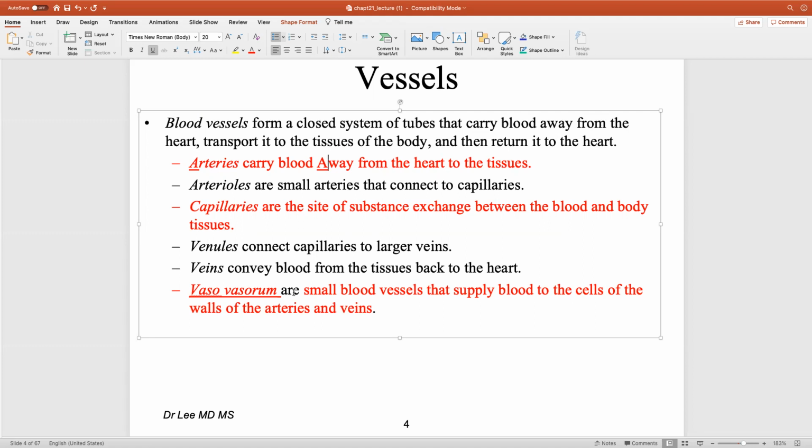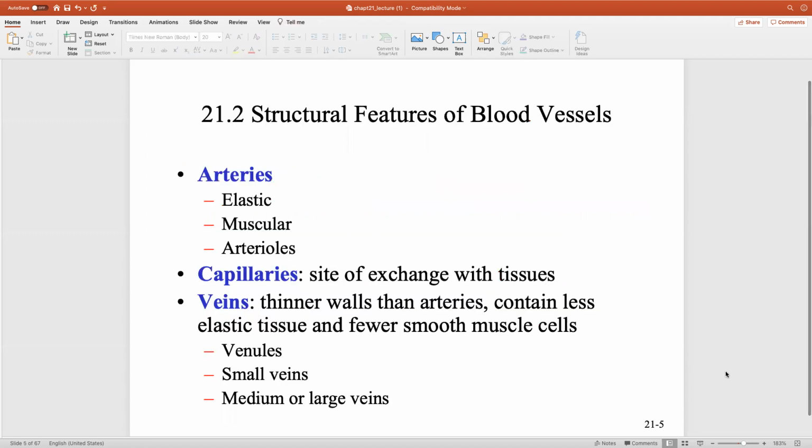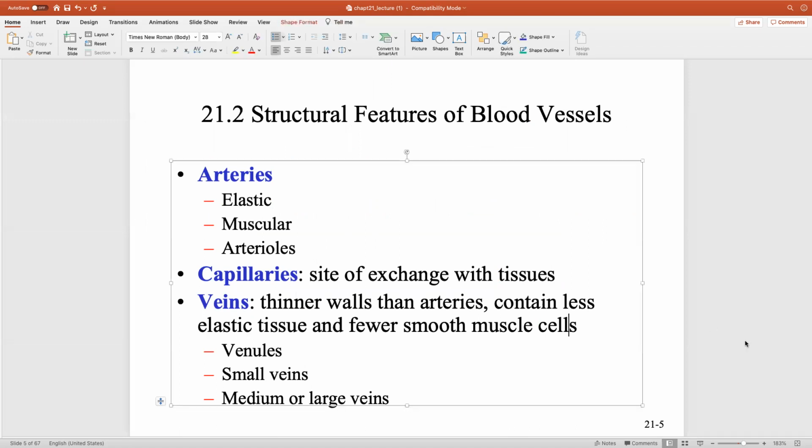It's kind of weird. So vasa vasorum supply nutrients, gas exchange, and waste exchange to the actual cells that form arteries and veins. So there are capillaries for the arteries and the veins. There are three main types of arteries that we'll talk about. There are also different types of capillaries, which you'll need to know, and then veins.